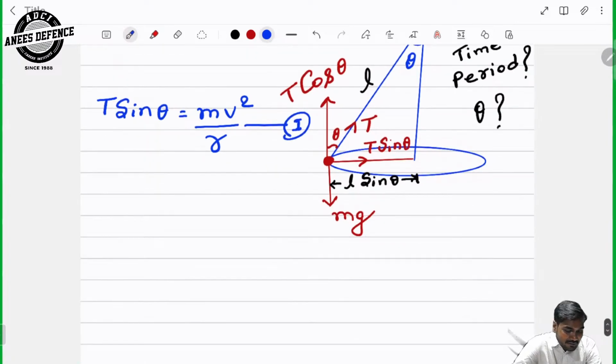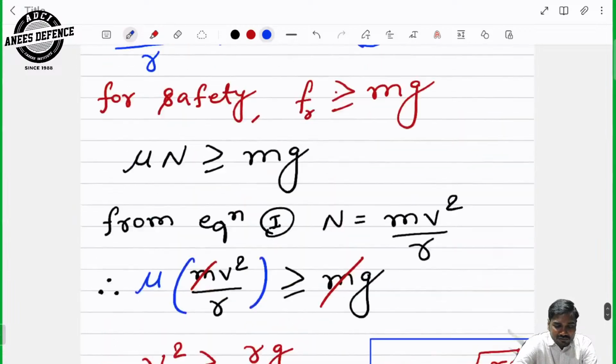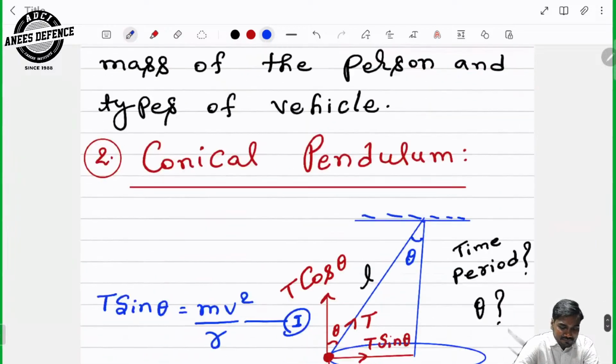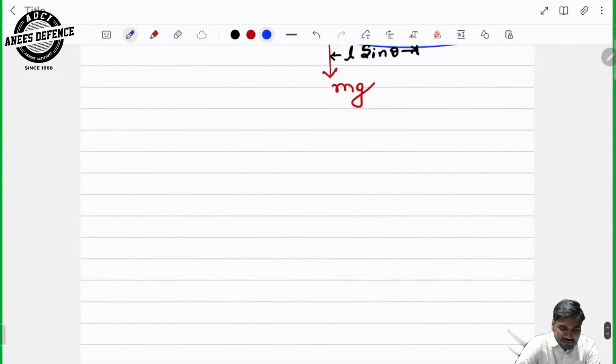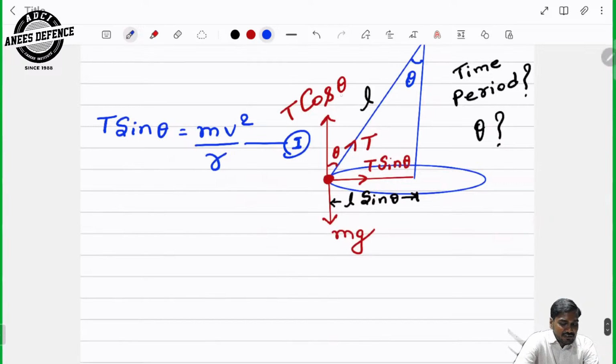And the second trick is to balance the vertical force. So T cos theta is equal to mg.